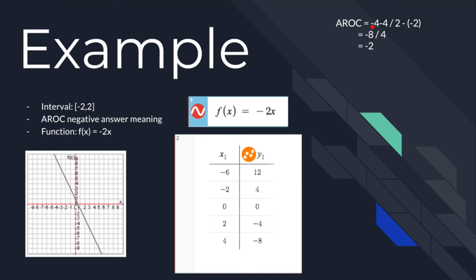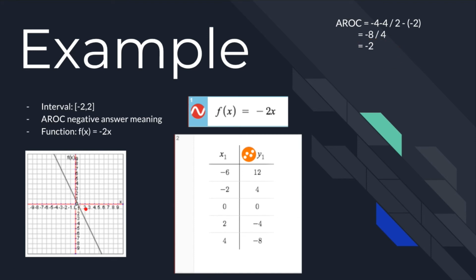When we subtract 4 from -4, we get -8, and 2 minus -2 gives us 4, so it would be -8 divided by 4. The resolution that we come to is that the average rate of change for this graph right here is -2.